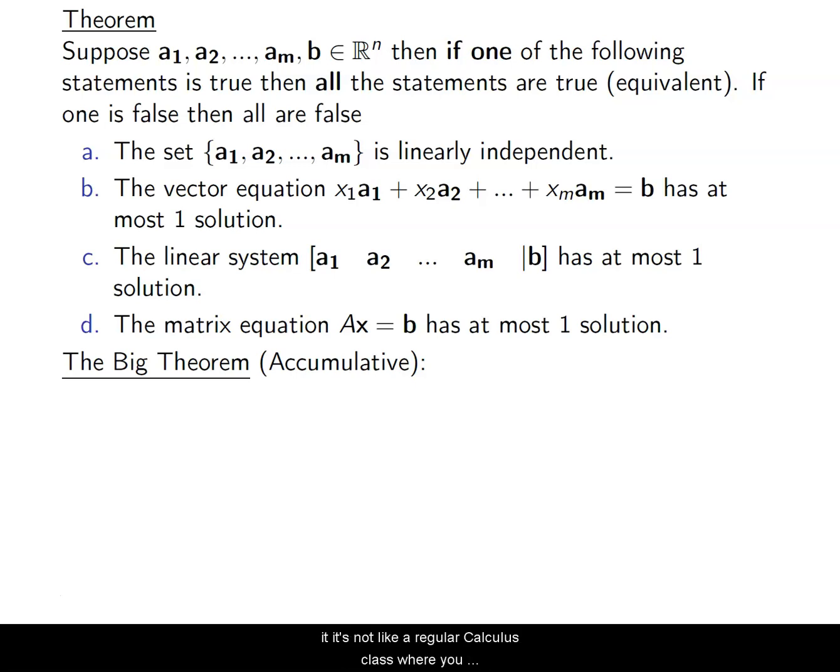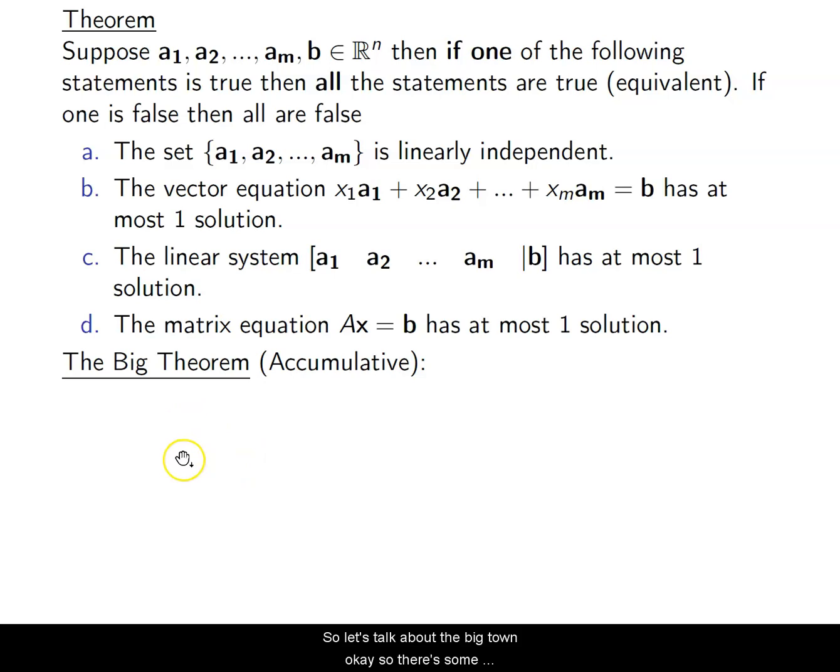It's not like a regular calculus class where you learn one thing and then the next chapter is something different. Everything combines together in this class. Every single section or chapter builds off of the previous material. It's really a snowball effect where everything keeps getting added on and becomes this big structure that we're going to talk about.